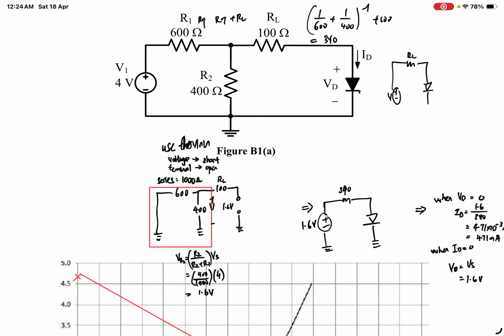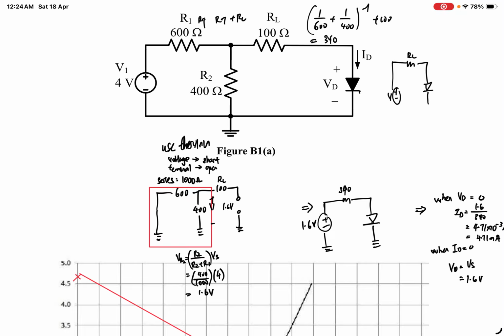V is 400 and it equals the V diode. We use the voltage divider and get 1.6 volts. So 1.6 volts will be our total supply, and we need to get the RL.